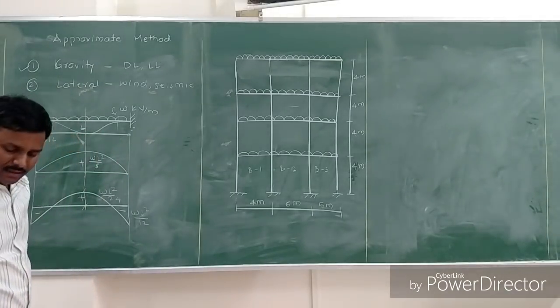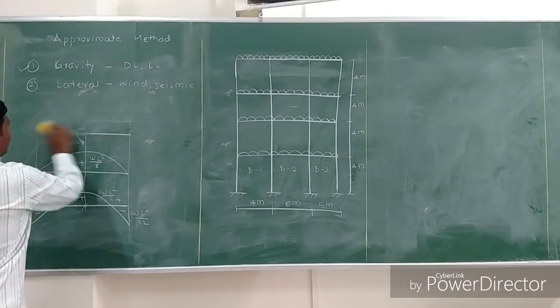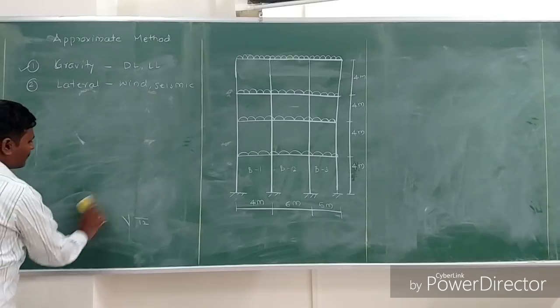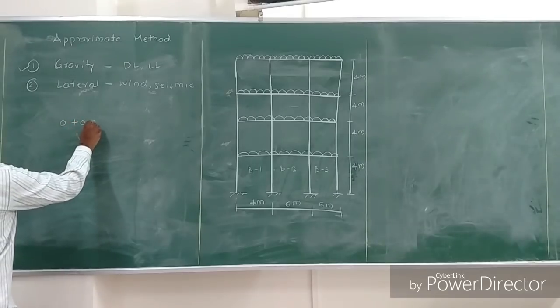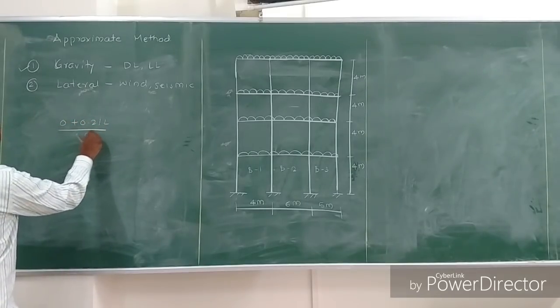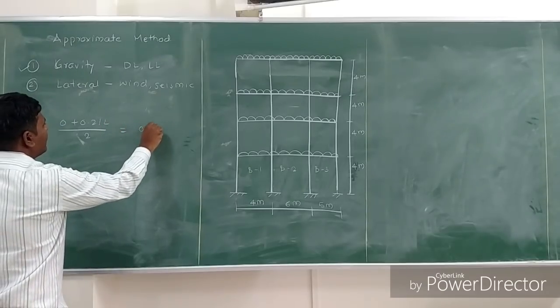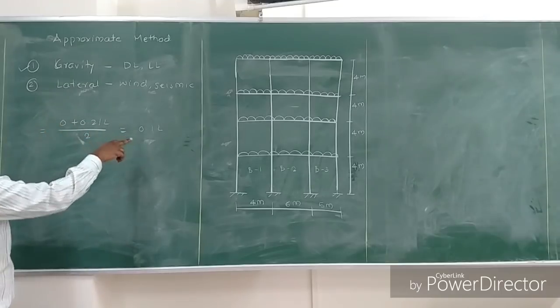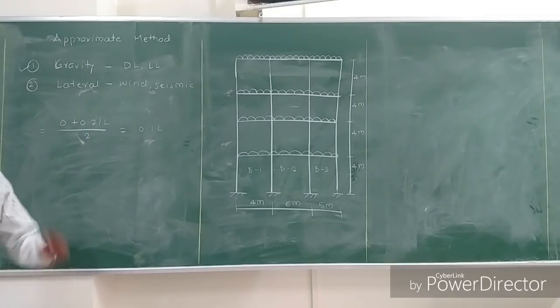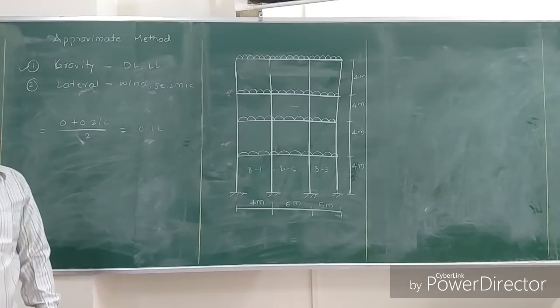So the value of the point of inflection is basically based on the experience of the engineer, where he wants to put it. In other words, it is calculated as 0 plus 0.21 L divided by 2, which is nothing but 0.1 L. So the assumption is that the point of inflection, or point of zero bending moment, will be at a distance of 0.1 L from the supports.